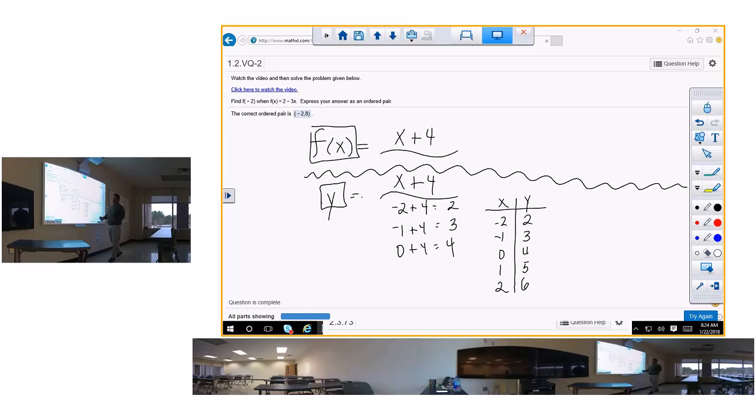Now you're just getting a little bit more fancy, and instead of saying y, you say f of x. And instead of putting it in a chart form, it's asking you f of negative 2. So f of negative 2 is just a fancy way of writing x is equal to negative 2. And you plug and chug.